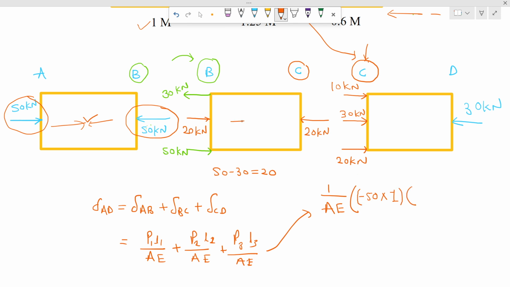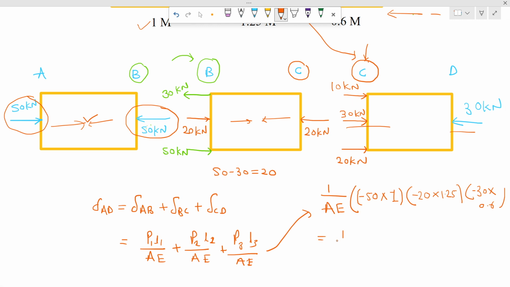Again, this 20 kilonewton, that is BC section, 20 kilonewton compressive force is there. So minus 20 into the length is given 1.25. Again, this 30 kilonewton is compressive. So minus 30 into 0.6.